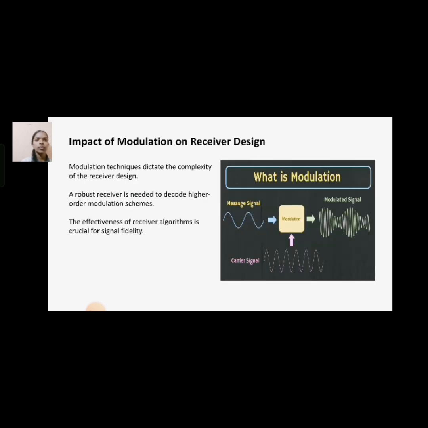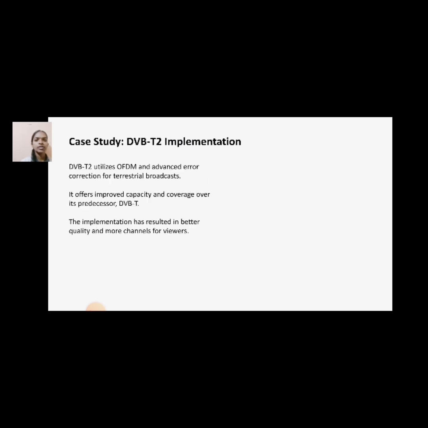Then impact of modulation on receiver design. Modulation techniques dictate the complexity of the receiver design. A robust receiver is needed to decode higher order modulation schemes. The effectiveness of the receiver algorithm is crucial for signal fidelity. Then case study of DVB-T2 implementation.